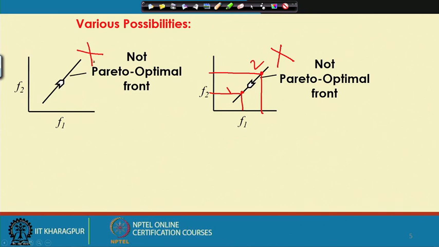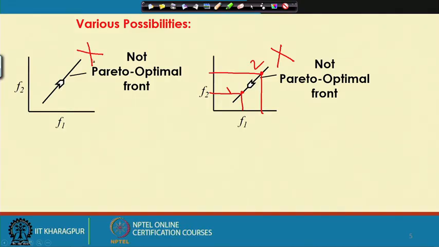Now, here we have considered two objectives and our aim is to minimize both the objectives. Similarly, I can consider another problem where my objectives will be to maximize both the objectives F1 and F2, and in that case there is a possibility that I will get some Pareto optimal front of solution.